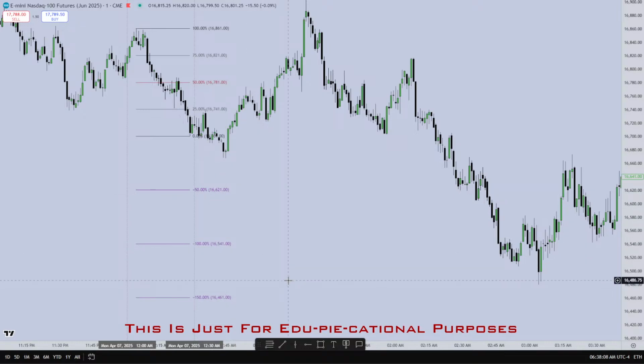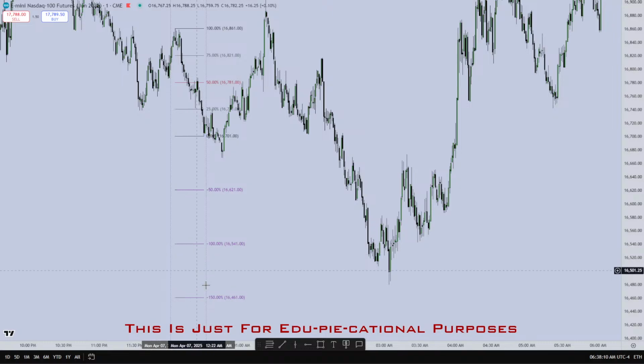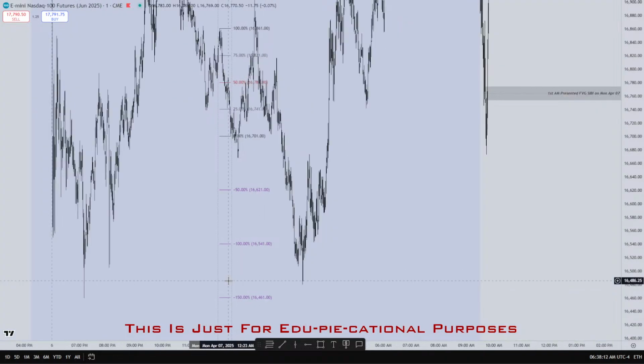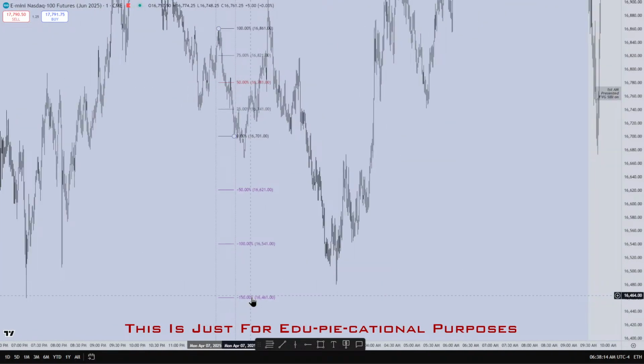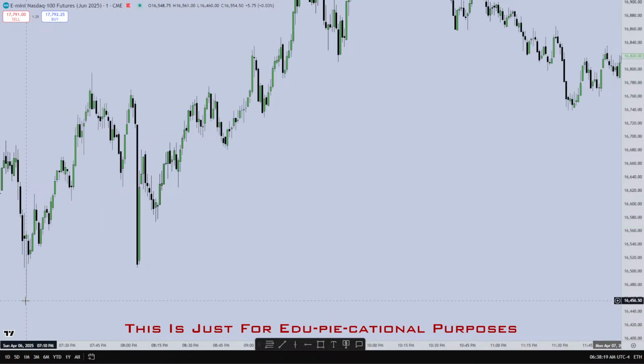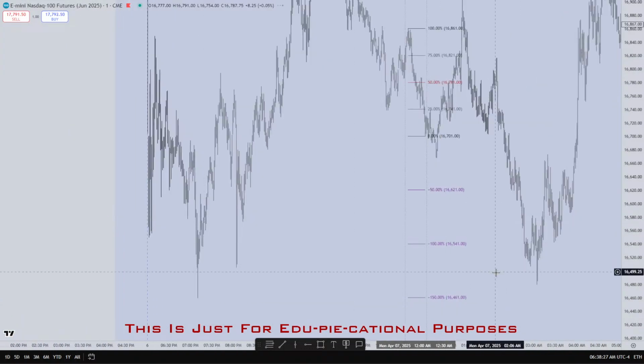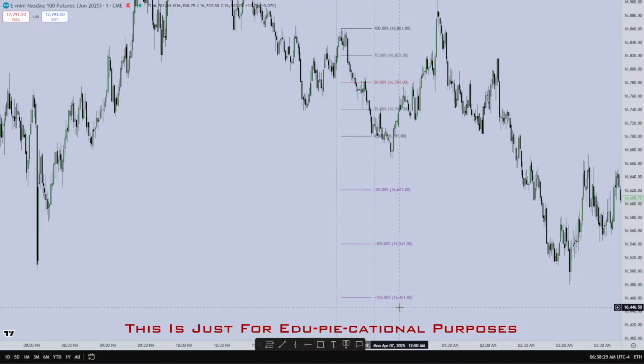As you can see, this level is the low of yesterday, at 16,460 even, which I was expecting.